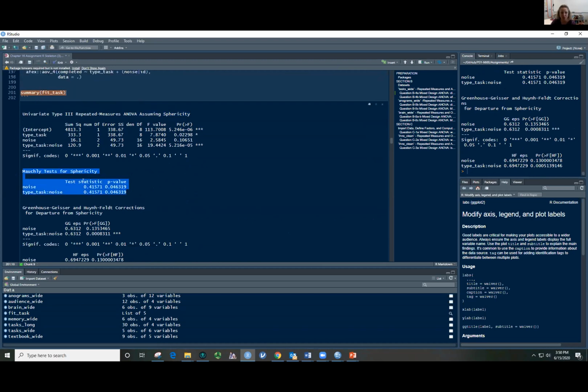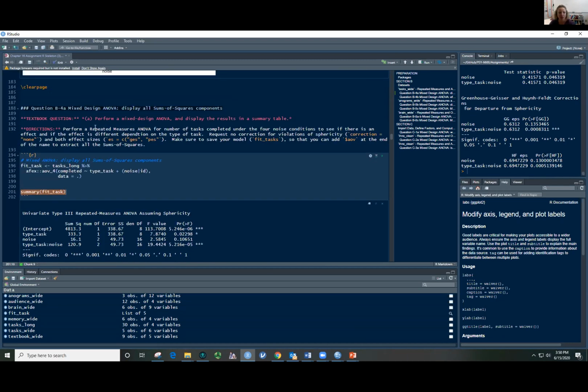If you look at the test of sphericity, what do you notice about Mauchly's test? Is it significant? It's significant, but it's right there at the 0.05 level, right? It's just barely. For this problem, we are going to request no corrections for the violations of sphericity.